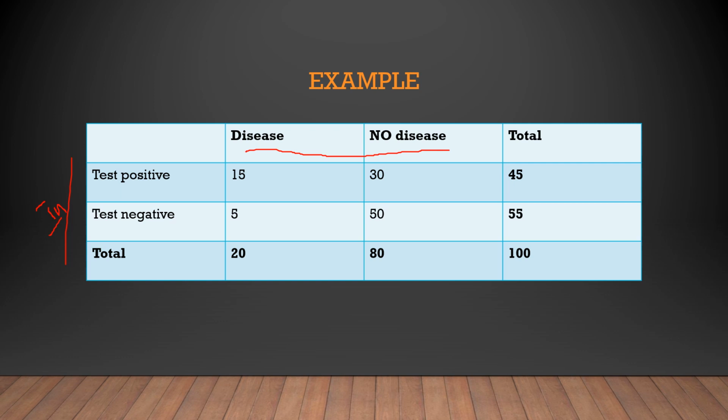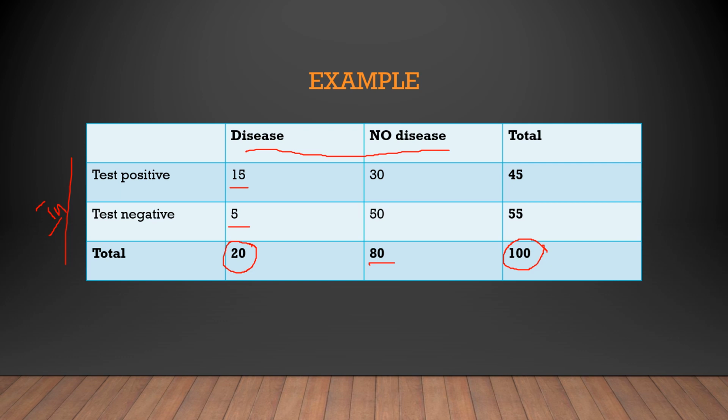Okay. Here you have a population of total 100. Among them you can see that 20 of them actually have the disease and 80 of them don't. And when you apply this particular test, you see that 15 are turning out to be positive, whereas despite them having the disease, 5 are turning out to be negative. Correct?